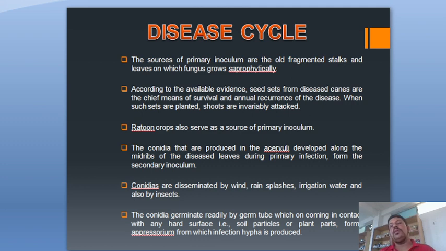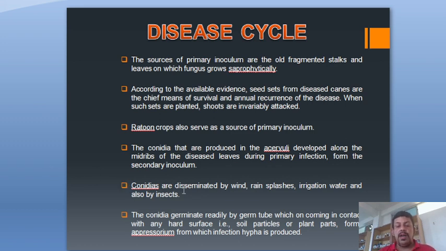Suppose in previous years the sugarcane disease occurred, and the field was not cleared, washed or burnt properly. Then the fungal spores can remain as inoculum and may reinfect the crop in the next year. Understood? That is a very important point about the disease cycle.